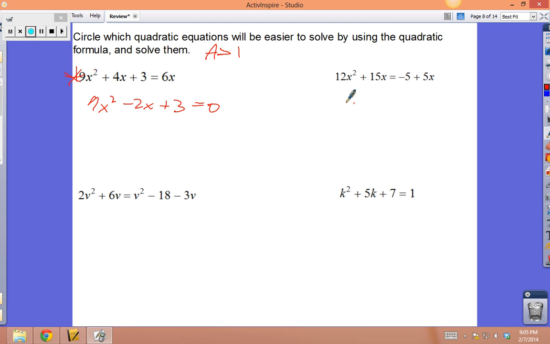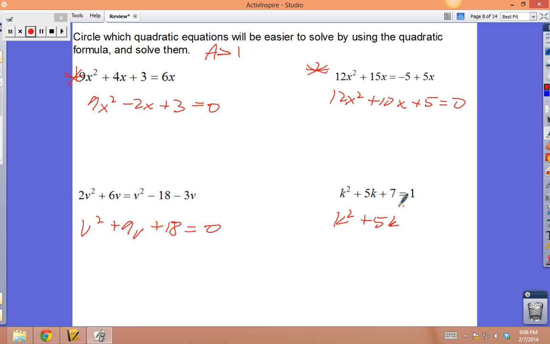Minus 5x, 12x squared plus 10x plus 5 is 0. This one I'm definitely going to use it. Then v squared plus 9v plus 18, and then this one, k squared plus 5k plus 6 is 0.